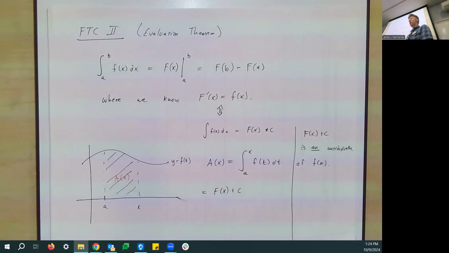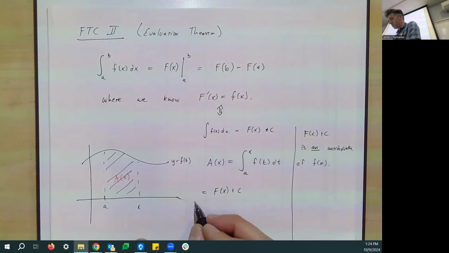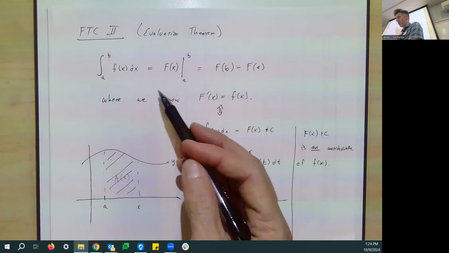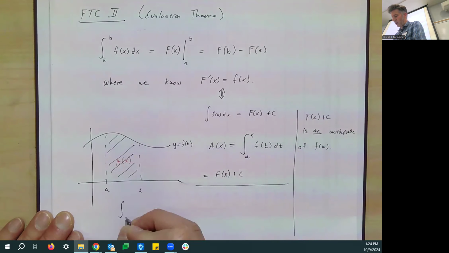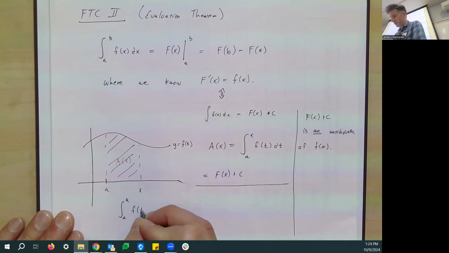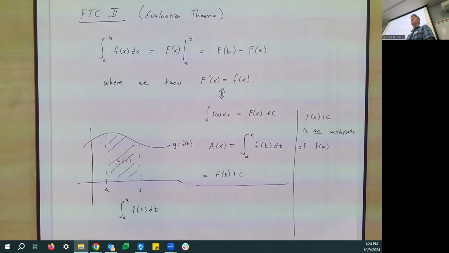So how do we know exactly what we're going to get when we try to calculate this here? Well, let me ask you an important question. What's the area under the curve from A to A? If you start at A and end at A, how much area is there?